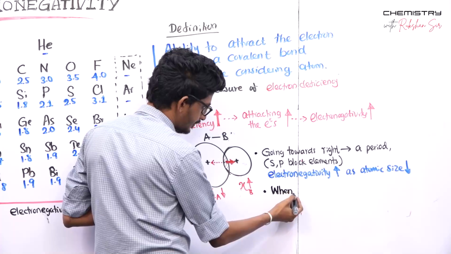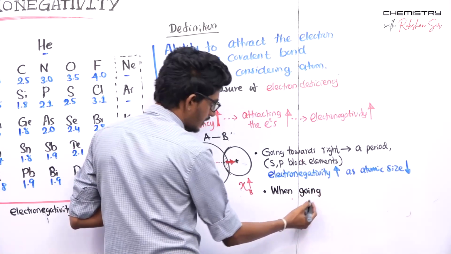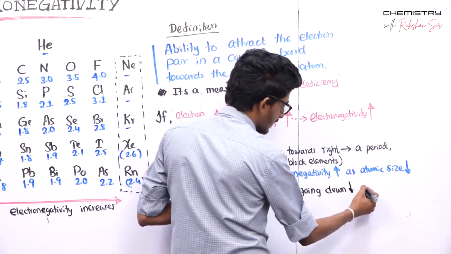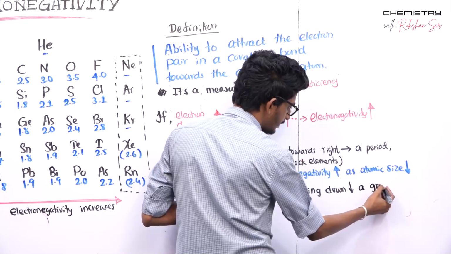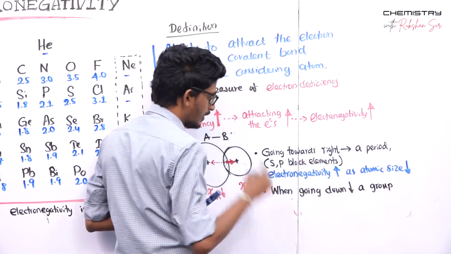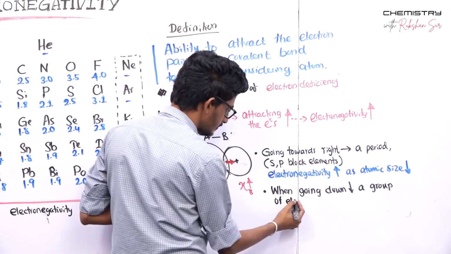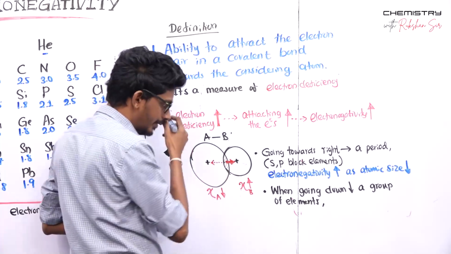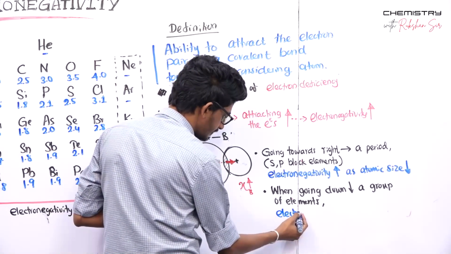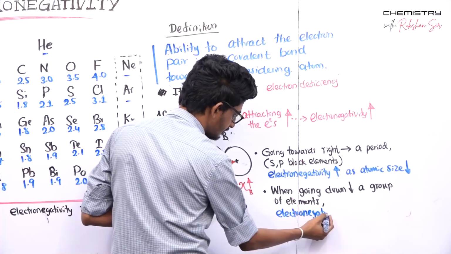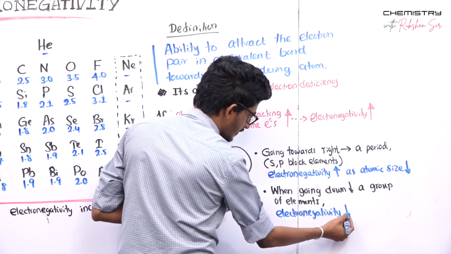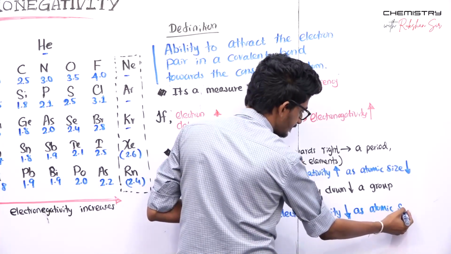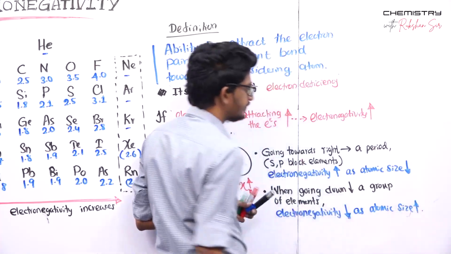The other thing is, when going down a group of elements, electronegativity gradually decreases as atomic size increases.